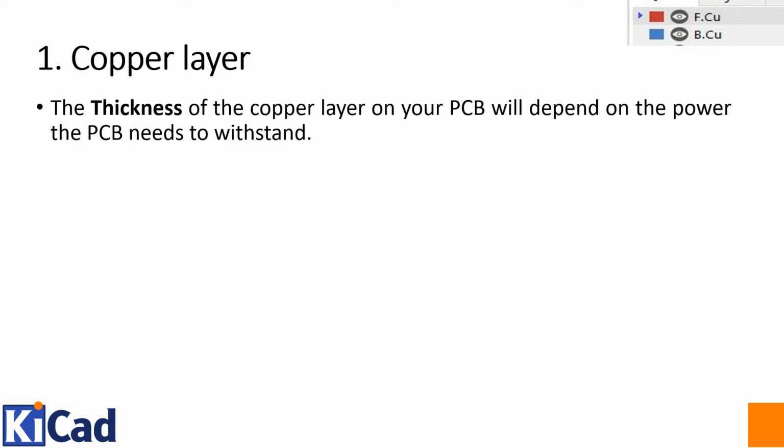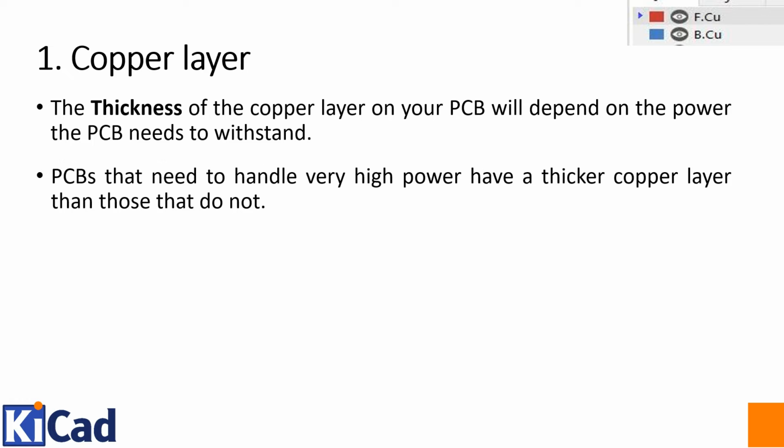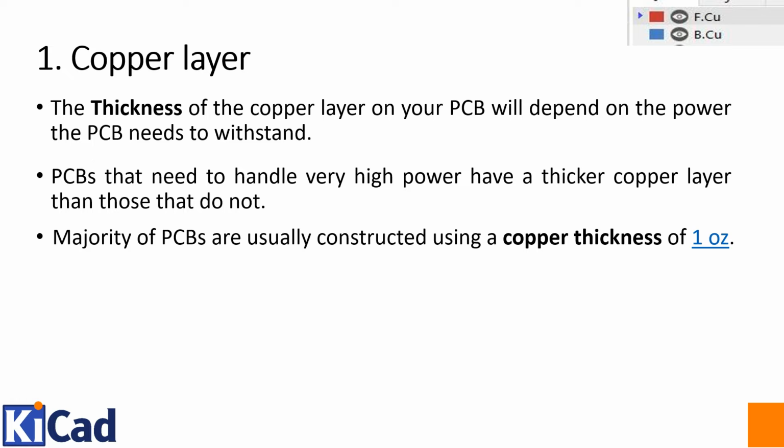The thickness of the copper layer on your PCB will depend on the power the PCB needs to withstand. PCBs that need to handle very high power have a thicker copper layer than those that do not. The majority of PCBs are usually constructed using a copper thickness of 1 ounce.